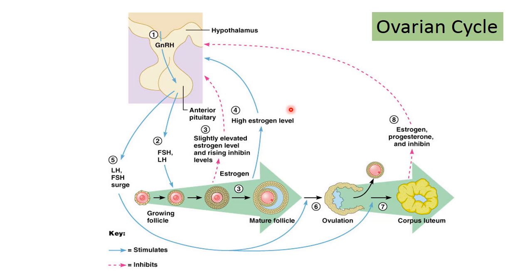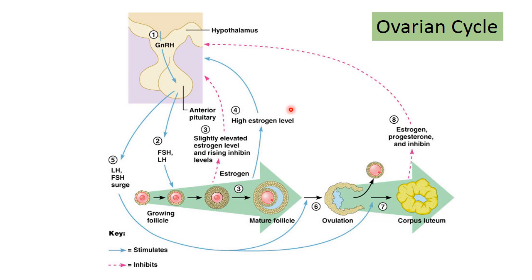Both of these hormones will then also act on the hypothalamus and pituitary as a negative feedback mechanism to stop these structures from releasing follicle stimulating and luteinizing hormone. And this makes sense because once we have the secondary follicle progressing within the ovary, we want to stop the development of any more primordial or primary follicles.